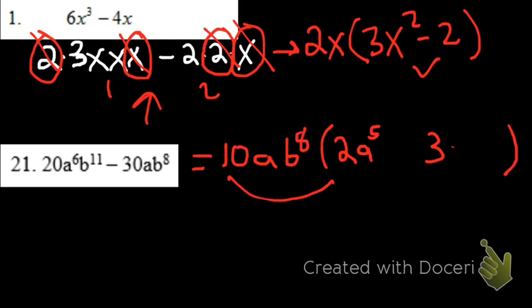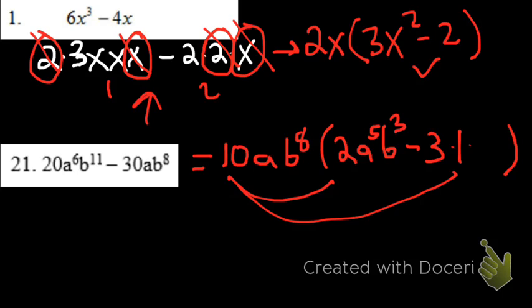We can really put a 1 there, but it's eventually going to disappear because 1 times anything is itself. And then b to the 8th times b cubed gives us b to the 11th. And we still want to put a subtraction sign there because a negative times a positive will give us a negative.